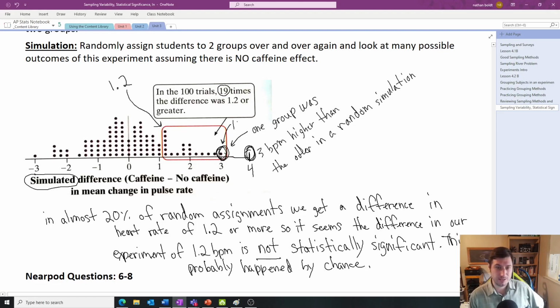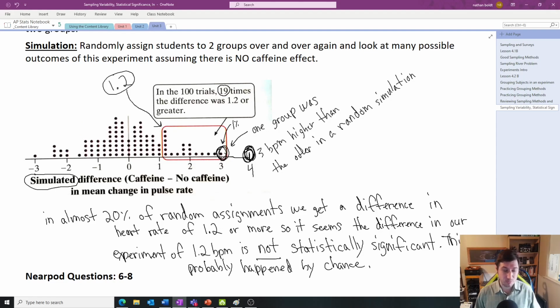That's a 1% chance of that happening. So even if it was a 3, that would still be pretty statistically significant because that probably wouldn't have happened just by chance. A 4 definitely wouldn't have happened by chance because it never happened in our simulation. But the 1.2, that happened a lot just by chance. So therefore, it's not statistically significant. It could probably just have happened by chance.